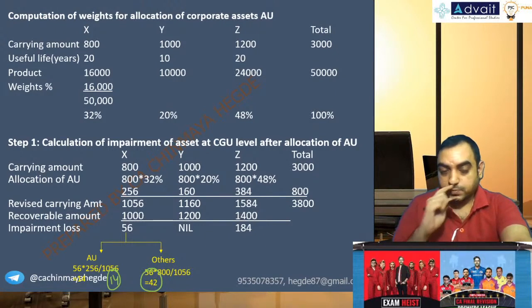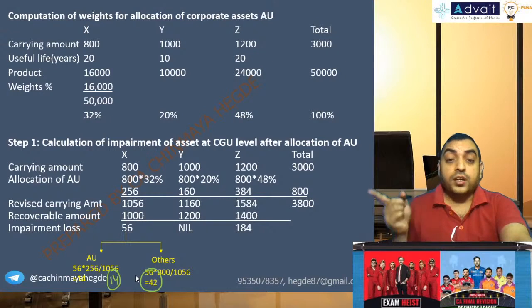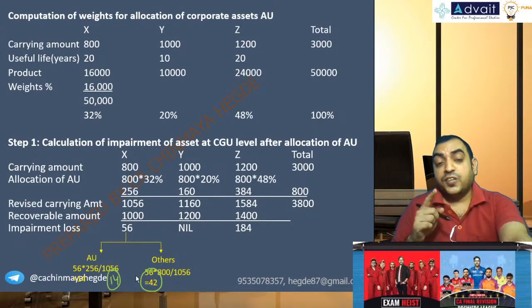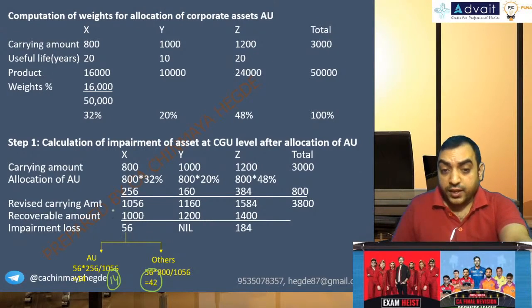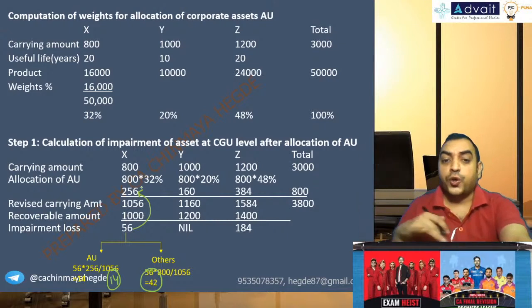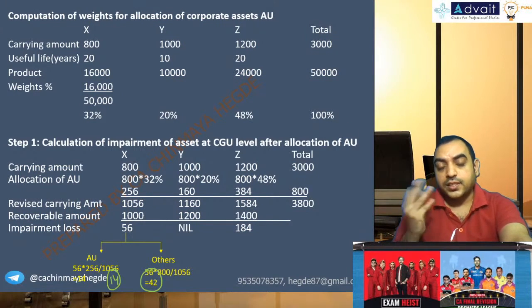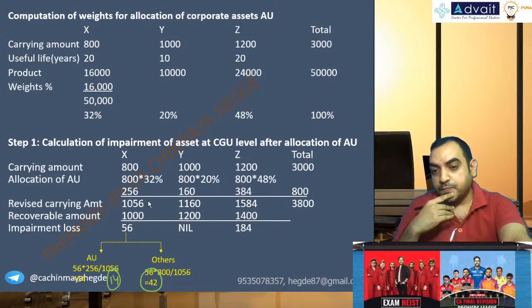And if this was not an AU asset, if this was a goodwill, what would you have done? This 56 would have been first allocated to goodwill, then the remaining would have gone to X unit's assets. Because this is the carrying amount of the AU corporate assets, a proportionate pro rata basis is calculated.